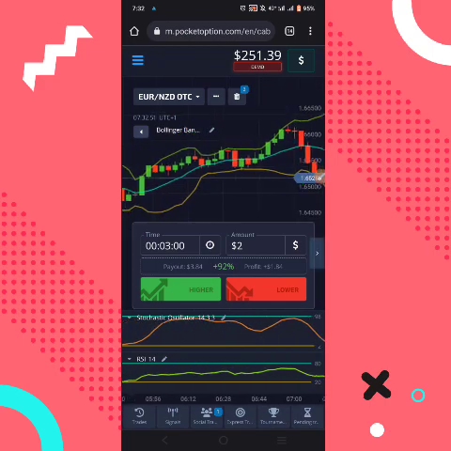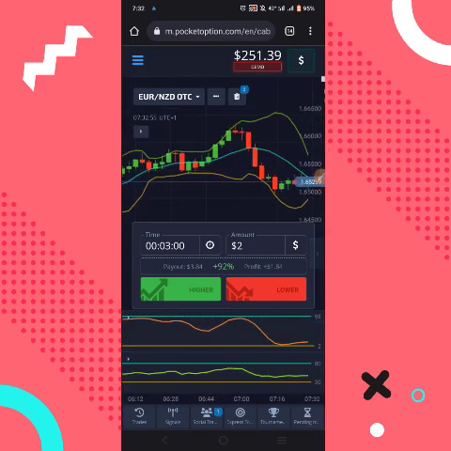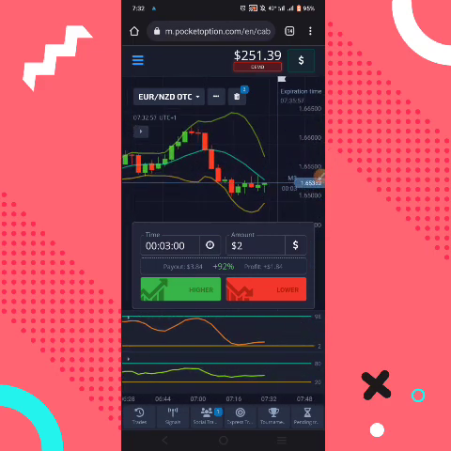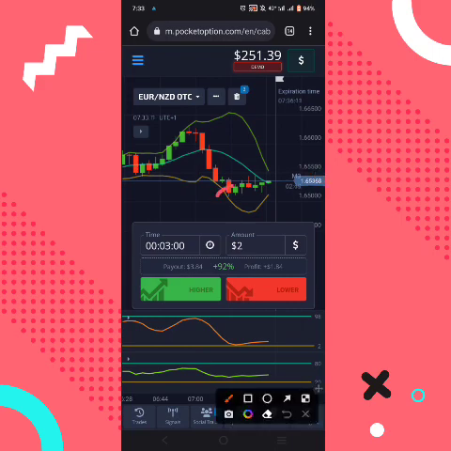I will scroll. Now take for instance, in this place, you can see that the candle is touching the bottom line of Bollinger Band, and the line on stochastic oscillator is touching oversold.